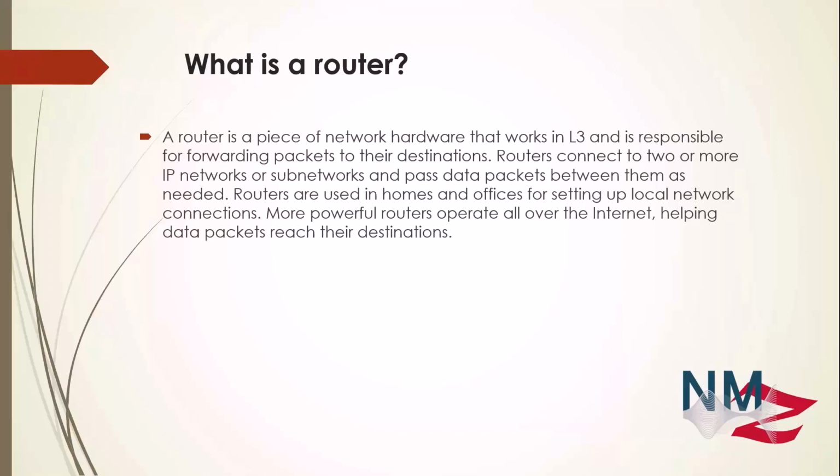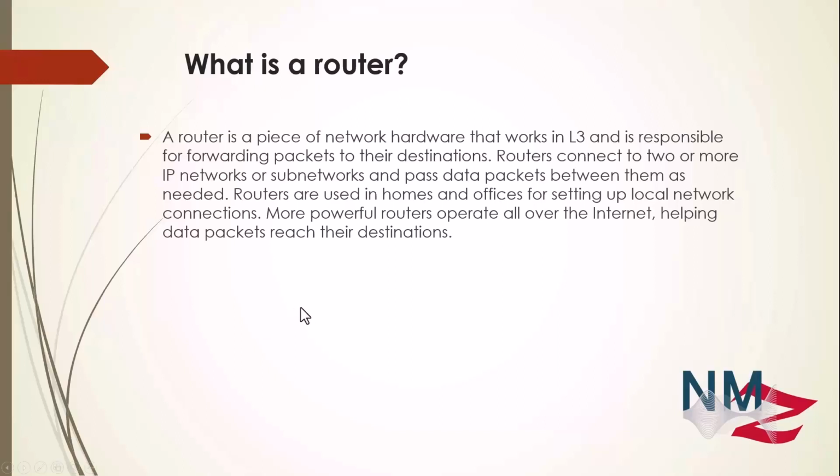Working in layer 3 means working in the IP part of the network. As you know, we have 7 different layers of the OSI model, and the router works in layer 3.